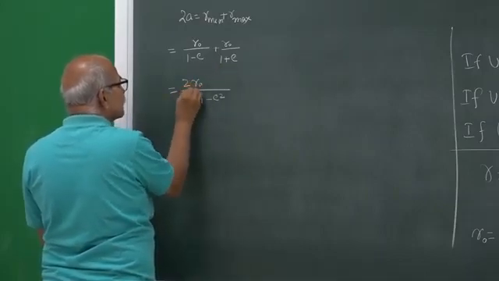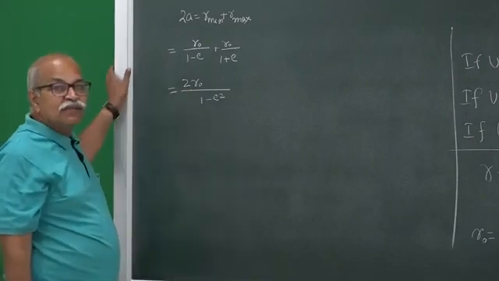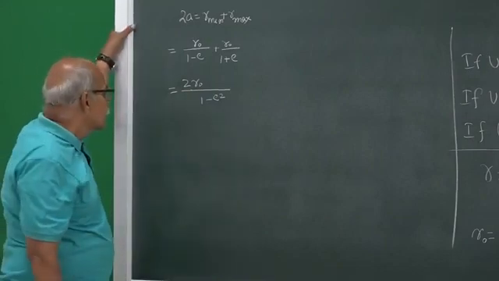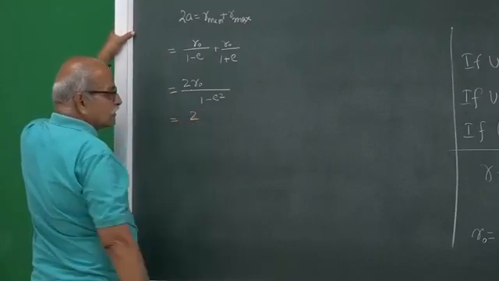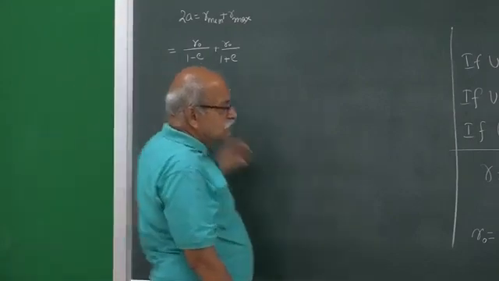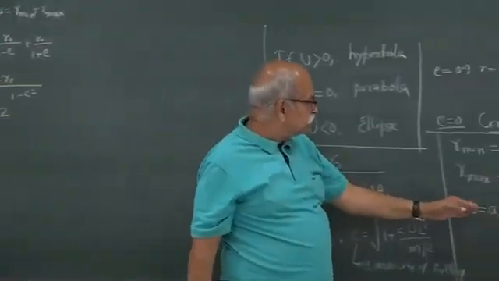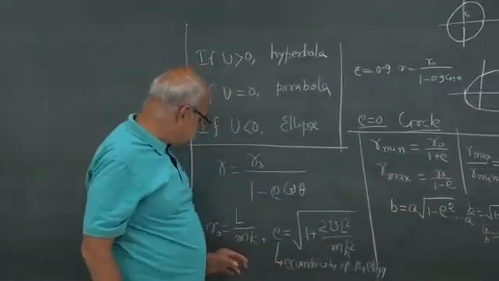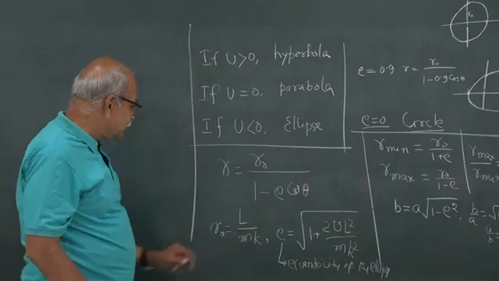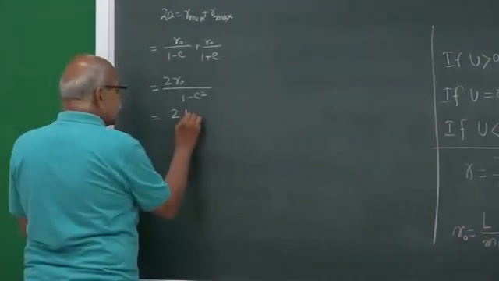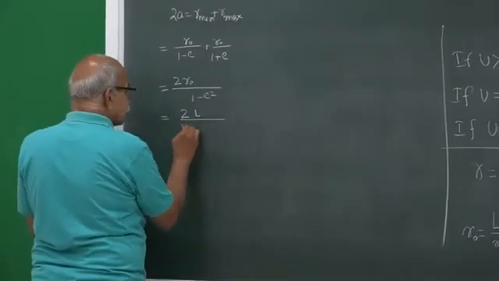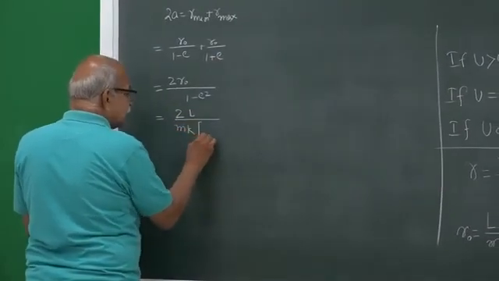So, 2 times r naught divided by 1 minus E square. How much is this? This is 2 times r naught. Where is r naught? R naught is L square by m k. So, this is 2 times L square by m k, and then 1 minus E square.